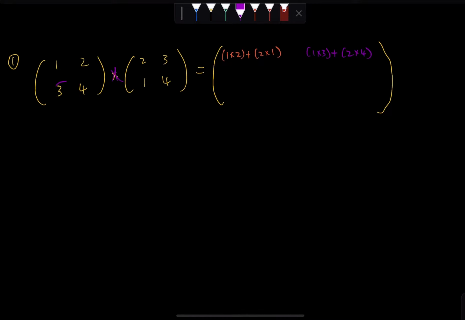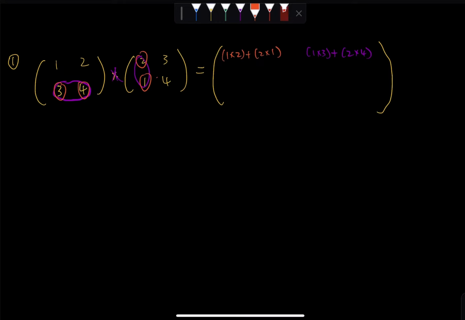Next thing you look at is the second row of the first matrix and the first column of the second matrix, and then you do the same thing. So you say 3 times 2 plus 4 times 1.